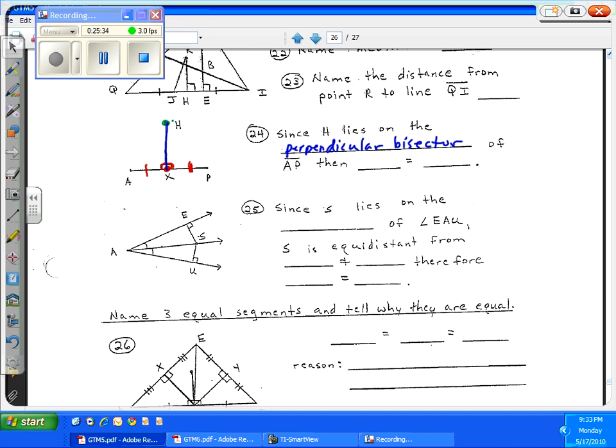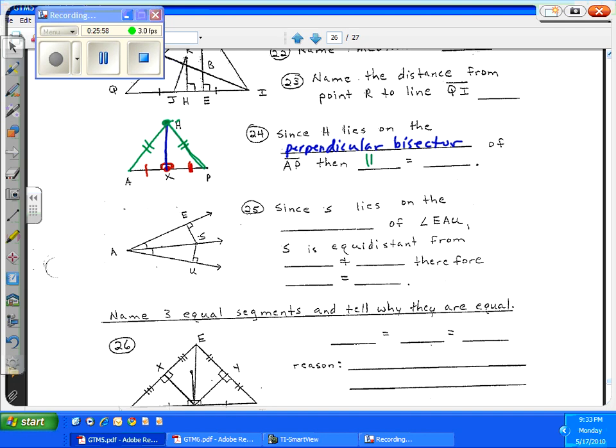Of the segment. There's a little theorem that says if a point lies on the perpendicular bisector of a segment, then that point must be equidistant from the endpoints of the segment. That looks just like the isosceles triangle theorem, doesn't it? Which would obviously prove it.